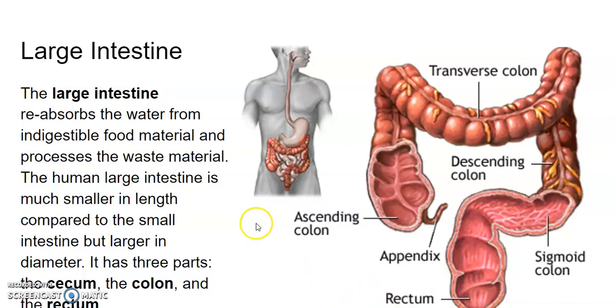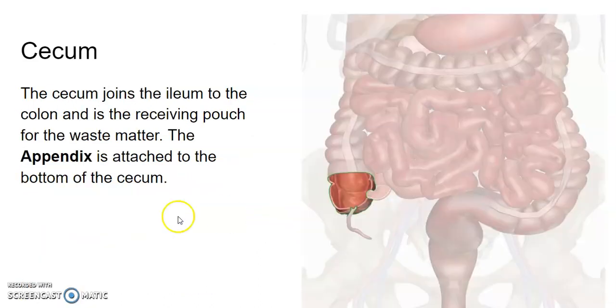And so the large intestine's job is to get rid of the indigestible food, the stuff we can't digest. That's what comes out as waste, and it also absorbs water. There's a lot of water that is used in your stomach and your small intestine to help absorb the food, and the body wants that water back, as much of it as it can get. And so your large intestine, one of its jobs is to absorb that water.